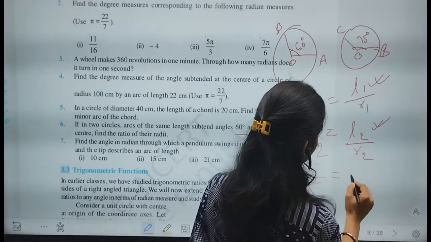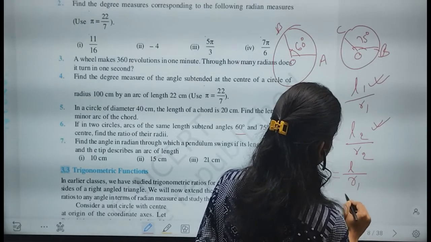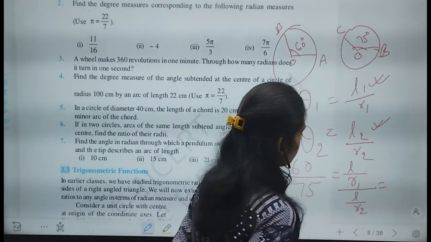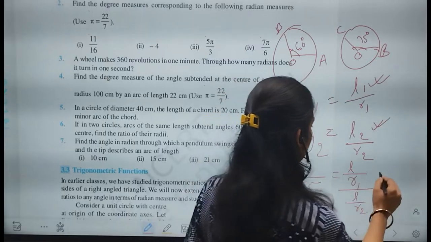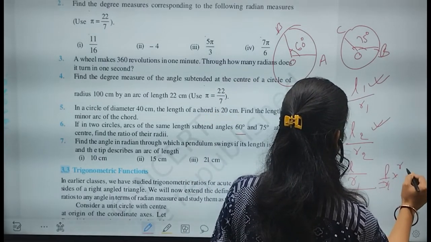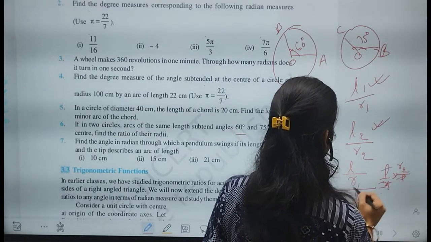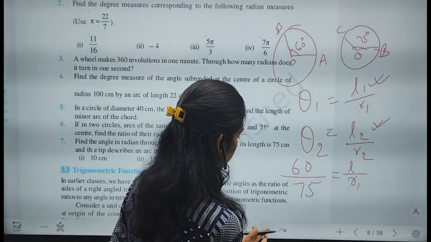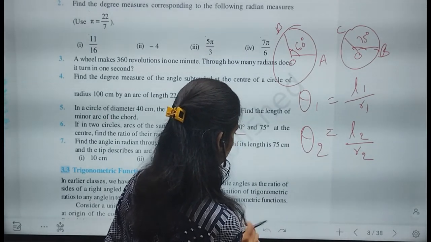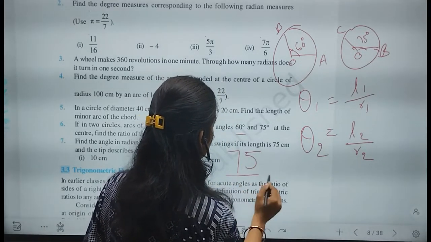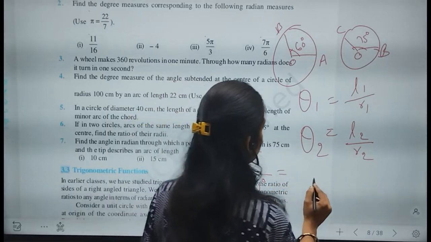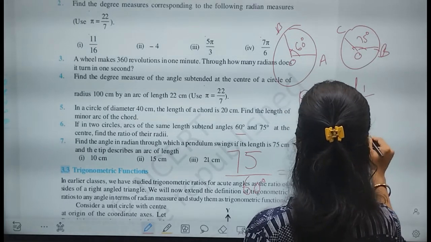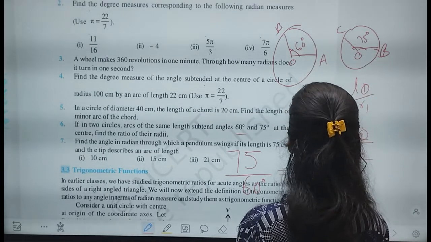Okay, now L by R1 for 60 degrees and L by R2 for 75 degrees. L1 and L2 are the same, so we remove that.